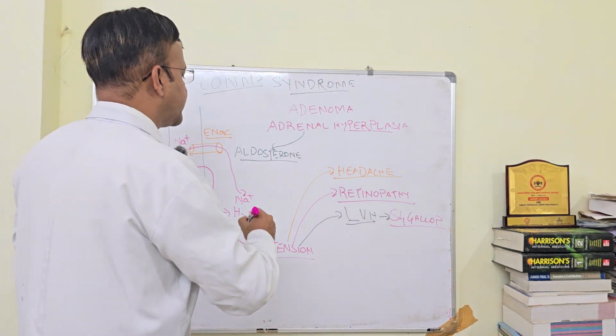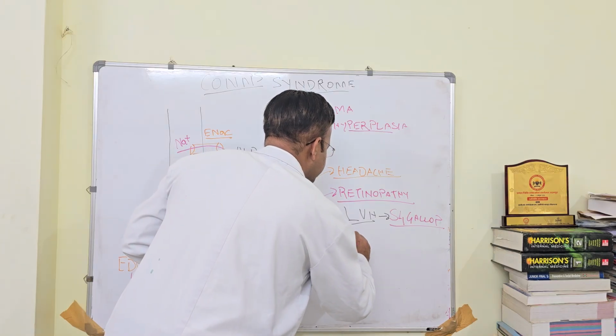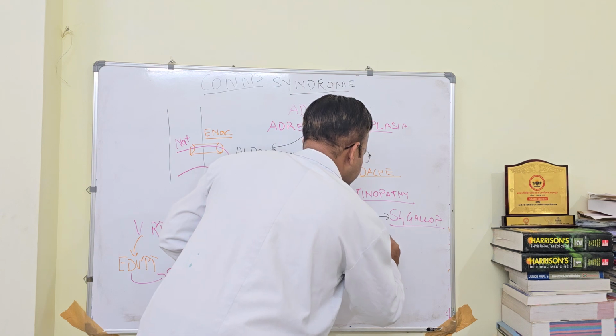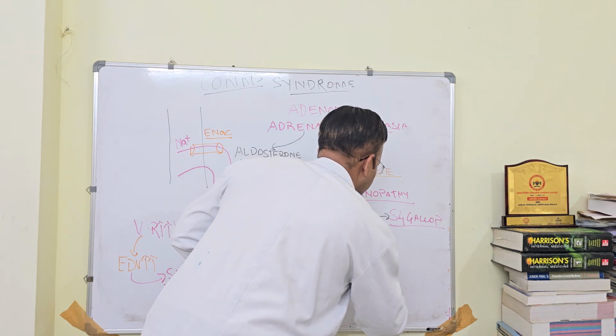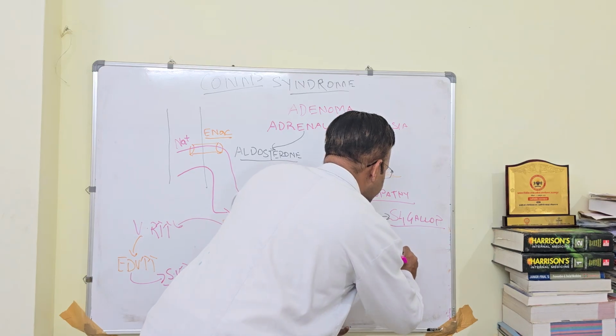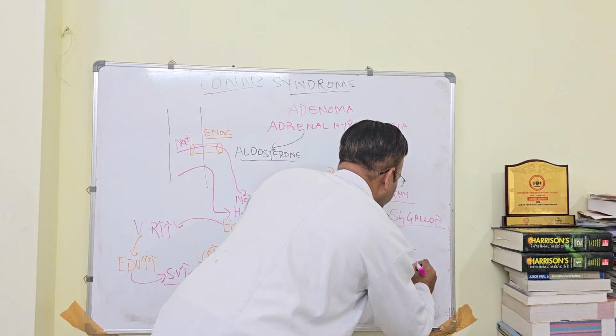Chronic hypertension can also lead to fibrosis of the heart. Fibrosis of the heart can lead to what? Atrial fibrillation. I'll write it in short form, AF.